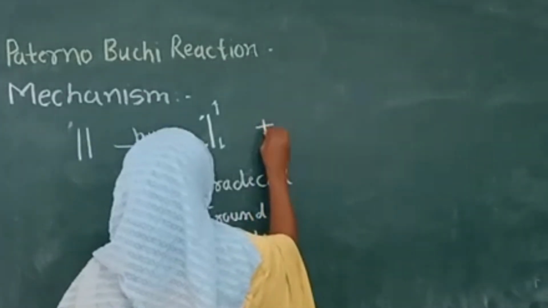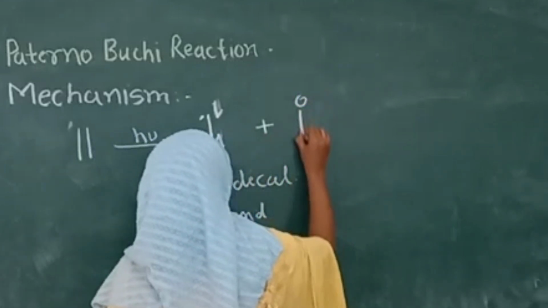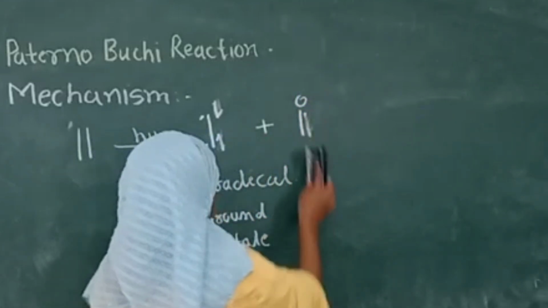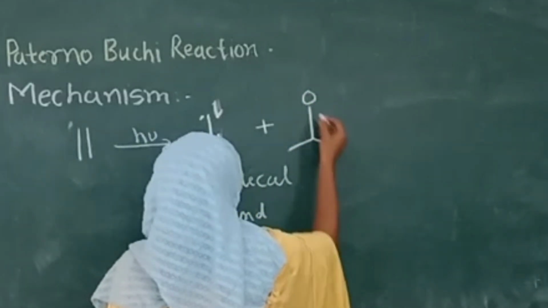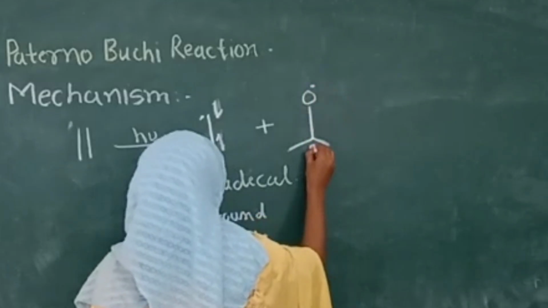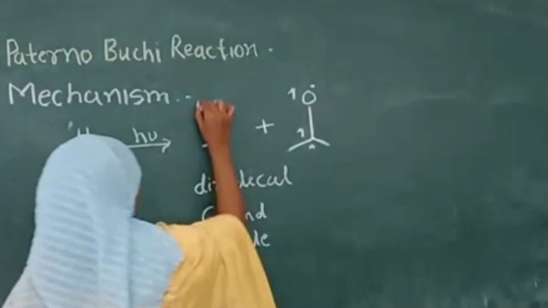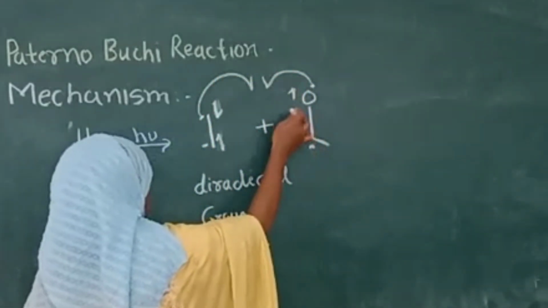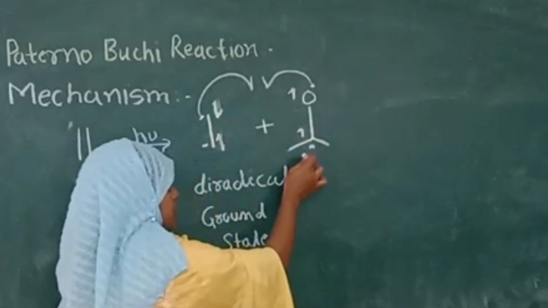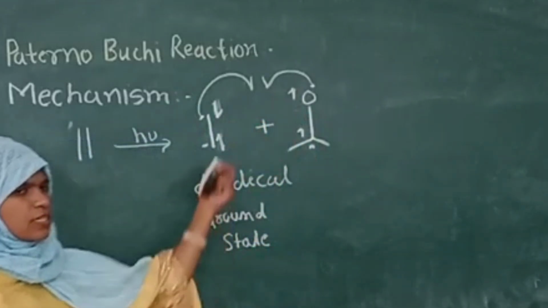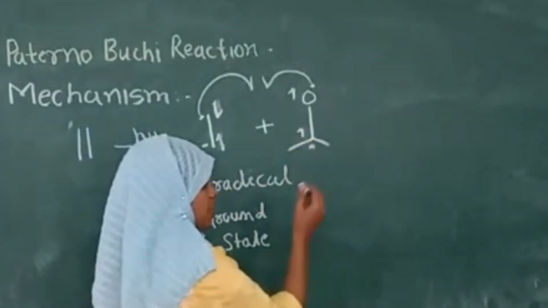It reacts with the triplet state of our carbonyl compound here, which is in the upward direction, forming a bond between this oxygen and this carbon radical. Why does this carbon radical not take part first? Because the oxygen radical is highly unstable, so it reacts first in the carbonyl compound diradical system.